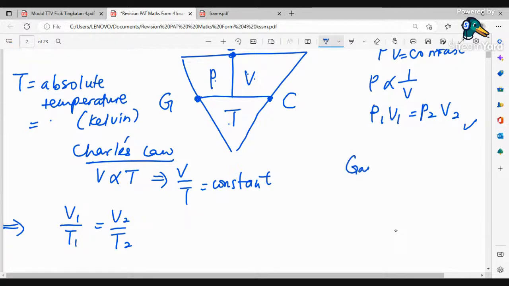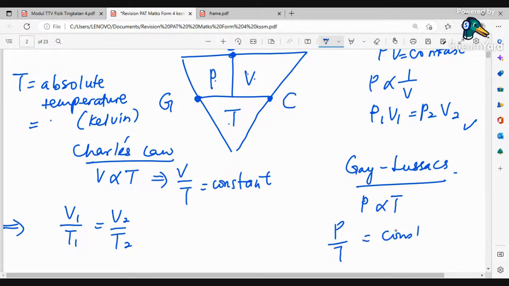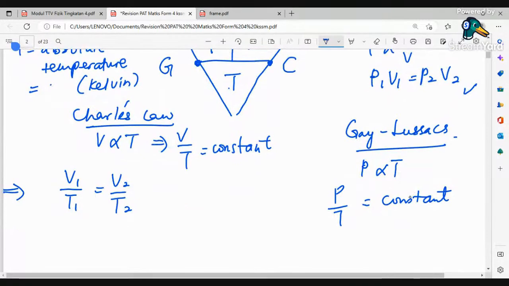And then for Gay-Lussac's law, P is directly proportional to T, which means P over T equals constant. Okay, volume constant. So P1 over T1 equals P2 over T2.